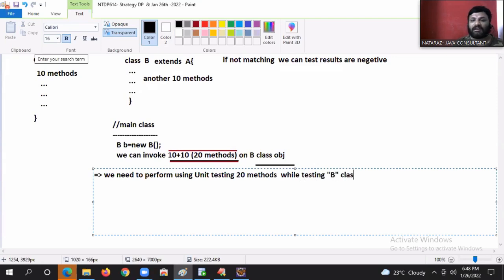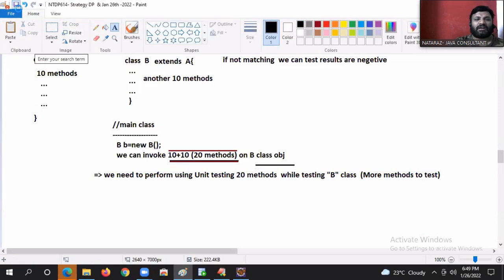While testing, a lot of other tests will be done by testers, but unit testing will be done by programmers only. That means more methods are there to test. More methods to test. I hope you got the clarity. What's the problem? You got the clarity, guys.